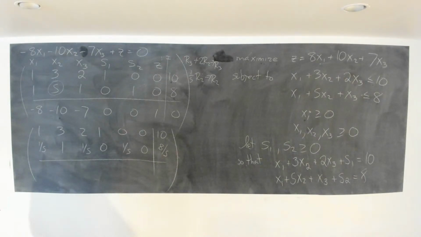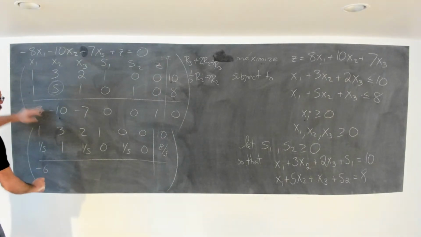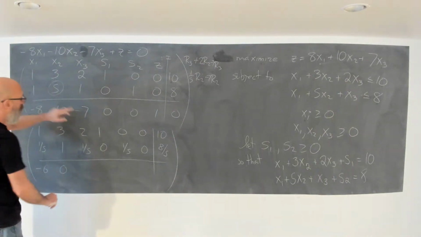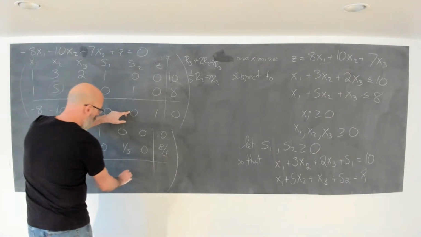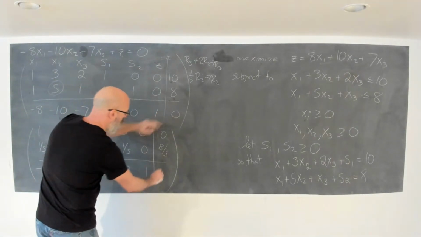So row 3 plus 2 row 2, this plus 2 times that, this plus 2, this plus 2, this plus 2, this plus 2.